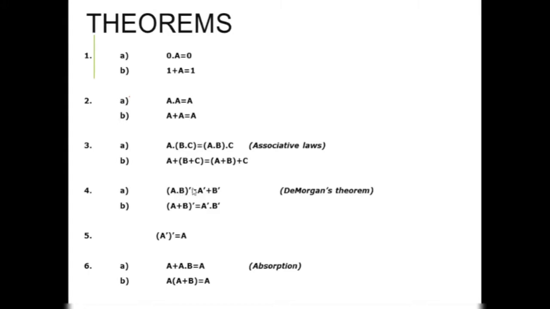And De Morgan's law, you can see these complements. A dot B's complement is equal to A dash, this is OR and this is AND. Sorry, this is AND, this is OR. So in the other way around, this is OR and this is AND. Okay, if they are converted and the complement is distributed.